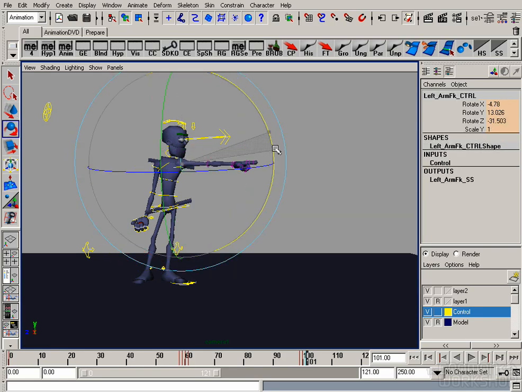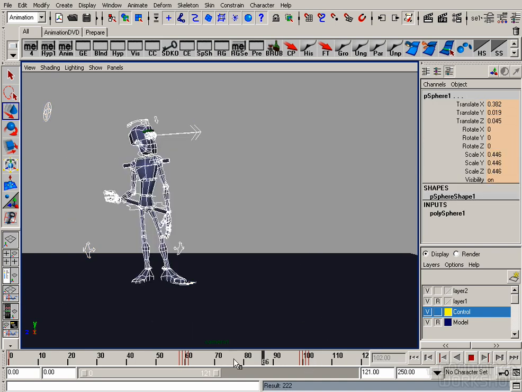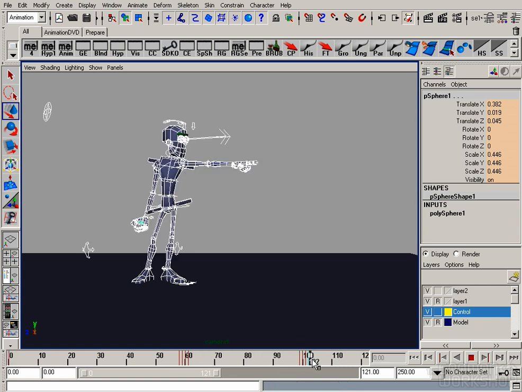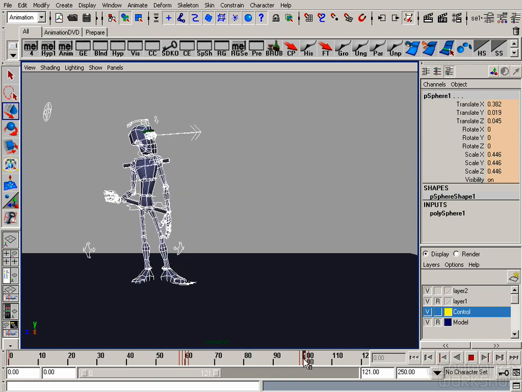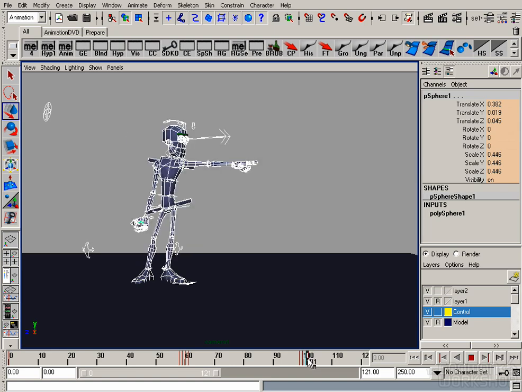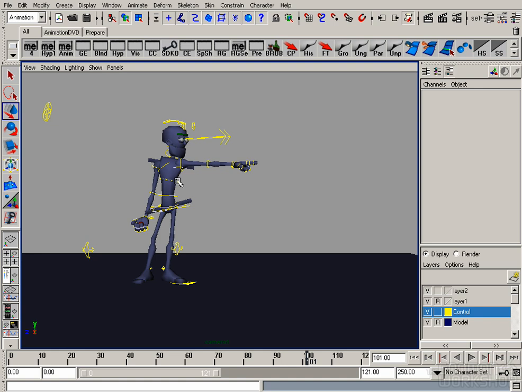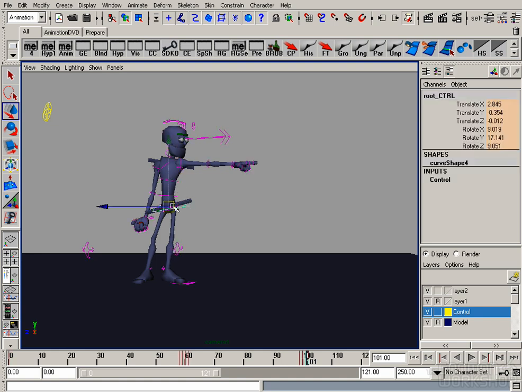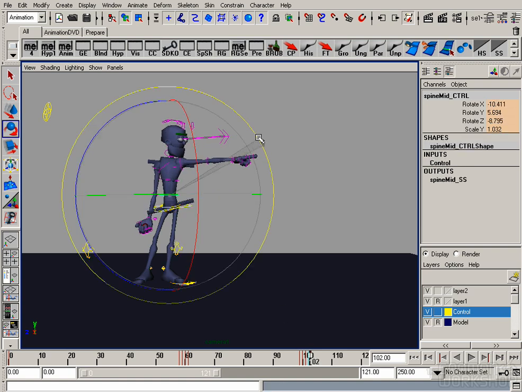I usually work with FK if I work with the arms. It's much better for the in-betweens and the breakdown because you have arcs straight away. If you work with IK, you have to put in the arcs, because with IK it goes straight from pose to pose, and if you work with FK the arm rotates in an arc, so you have that for free.